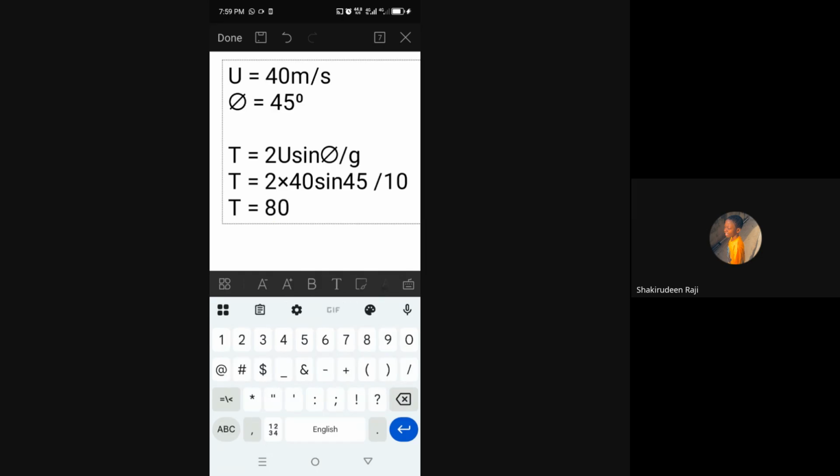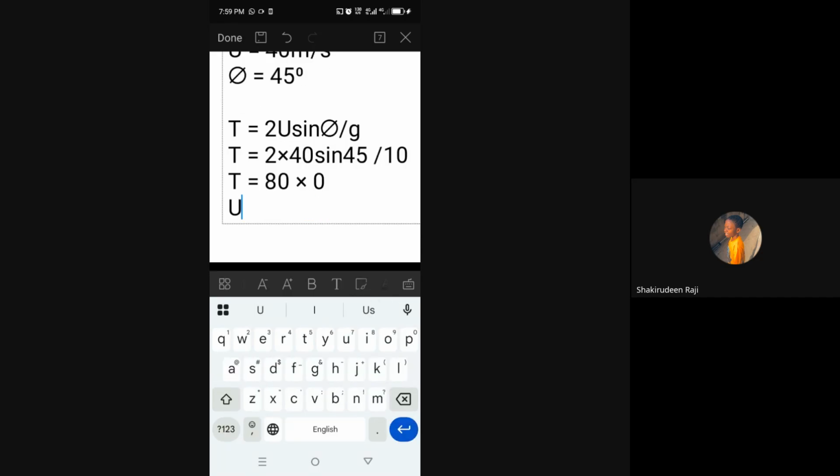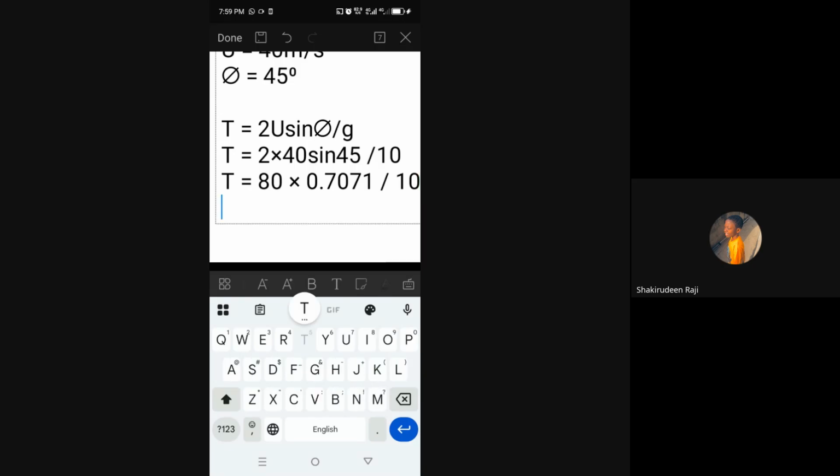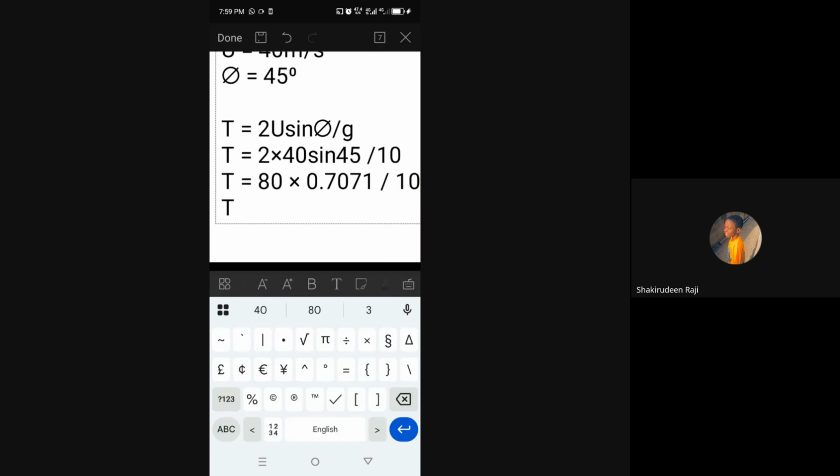Okay, that is 80 times 0.7071, everything divided by 10. So 80 times 0.7071 is 56.57.